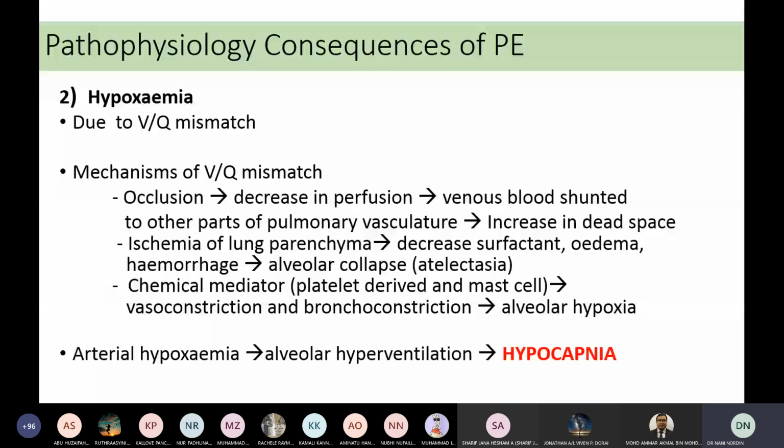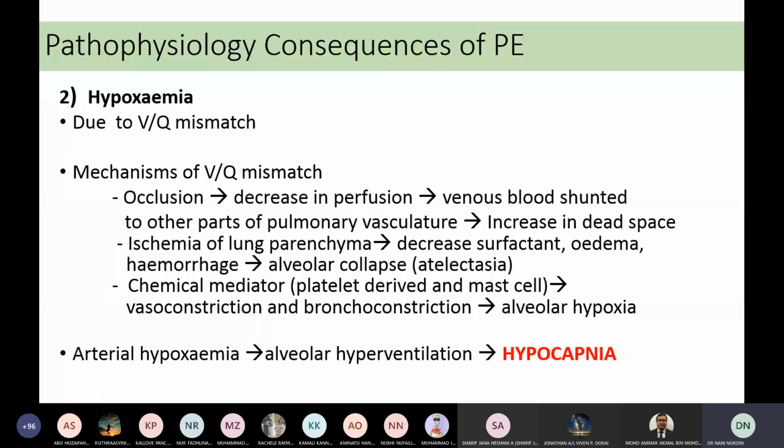Do you get what I mean? Because ventilation is high and perfusion is low, the few vessels that go to that area of lung parenchyma actually get a lot of oxygen.